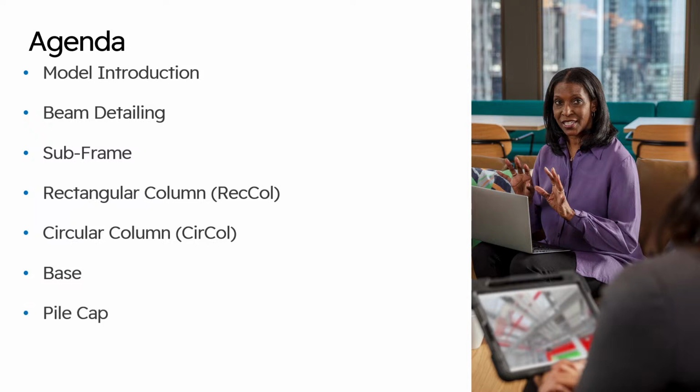And then one that we're missing there is the general column design link, which is for the design of custom shaped columns or columns that don't fit within the scope of rectangular or circular columns.